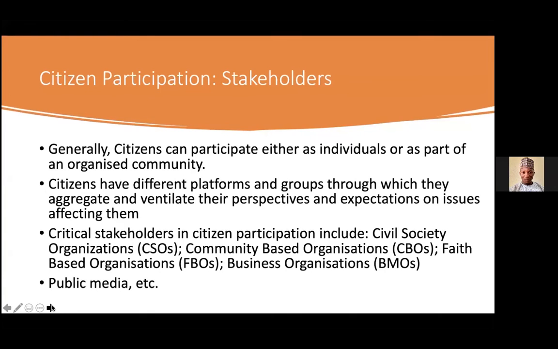And of course, we're aware of the different types of civil society organizations. We have the CBOs, field-based organizations, business management organizations, the public media, and the rest of it. But the public participation is, for me, a right. So one doesn't have to belong to a formal organization to participate.